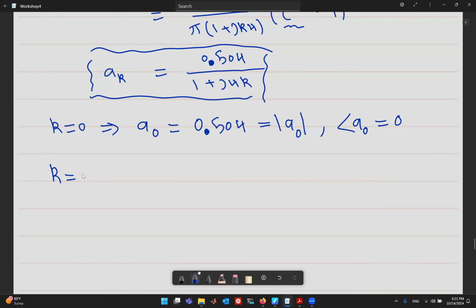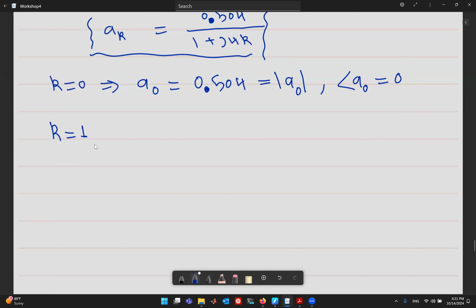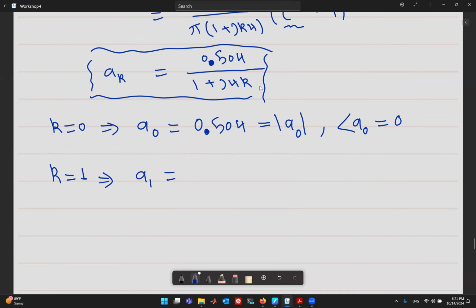Then let's say when k equals 1, then a1: when k equals 0 I put k equals 0 here, and for k equals 1 I put k equals 1 here, and we get 0.504 divided by 1 plus j times 4.